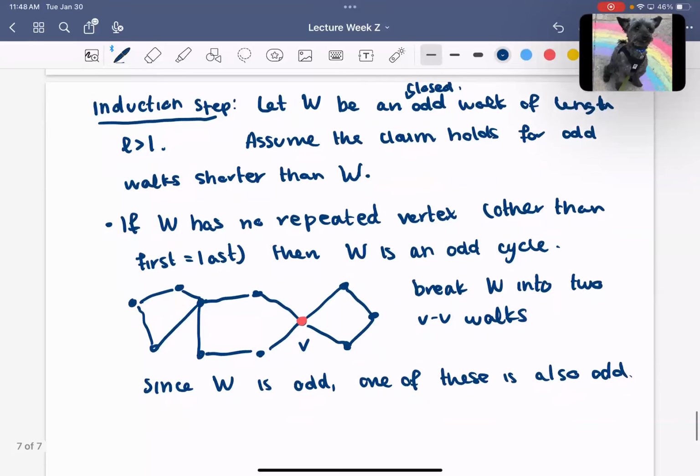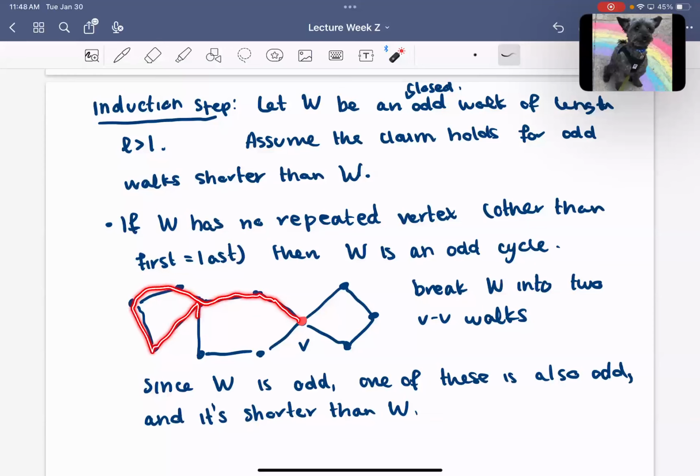Because we took out a chunk. Okay, so then we win by the inductive hypothesis, because we're assuming that any odd walk of length shorter than W contains an odd cycle. So in this picture, it would be this one. So that finishes the proof.